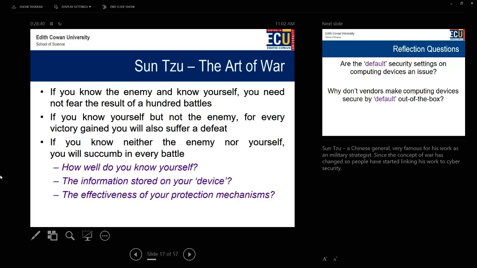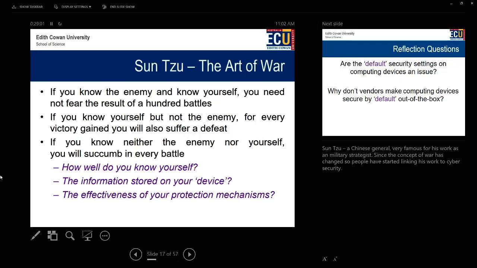People in the industry try to relate his statements to the cybersecurity domain. He was a very fine military strategist, and in the military, people still use and try to follow his strategies.